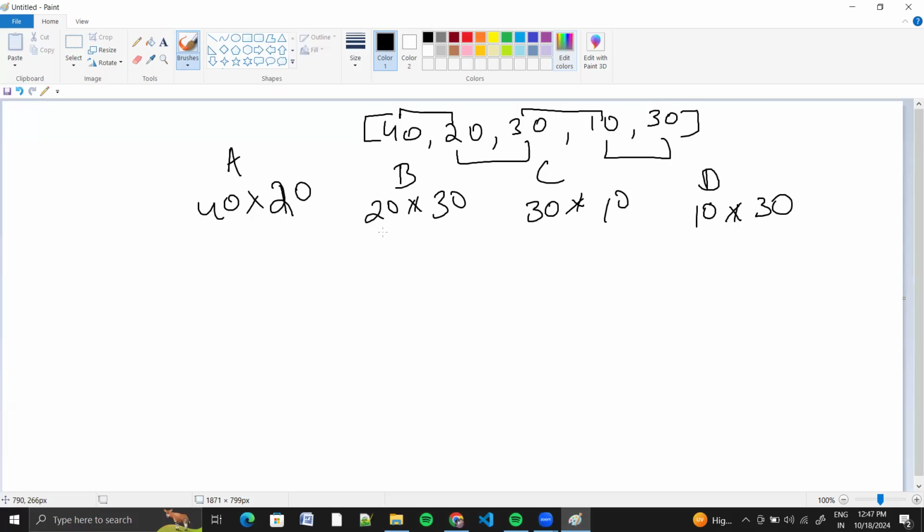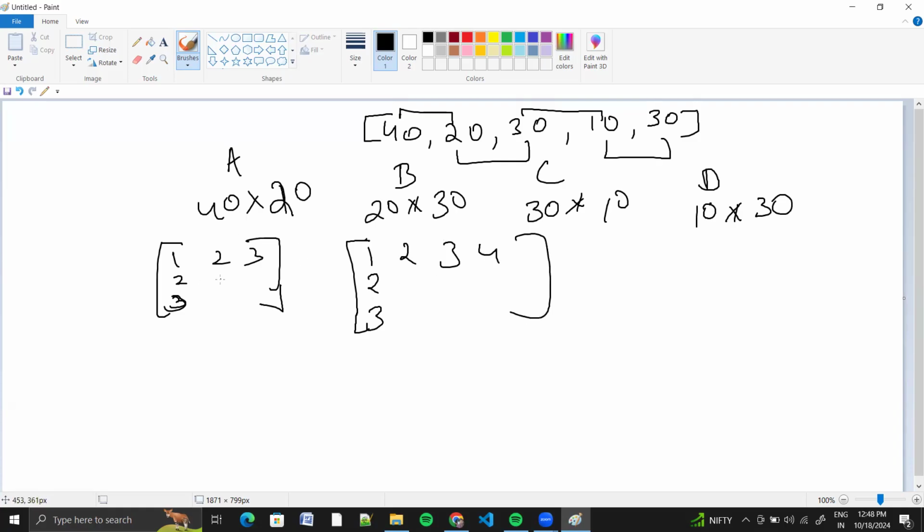But the catch here is, again I'll tell you, the indexing gets a little confusing in this. So initially, I'll explain how the matrices are being multiplied. Let's say there is a matrix with 1, 2, 3 and 2, 3, 3, that is 3 rows, 3 columns, and another matrix which is 1, 2, 3, 4.